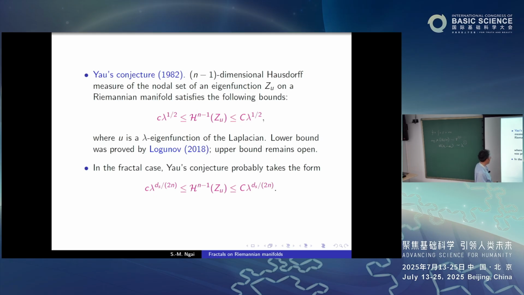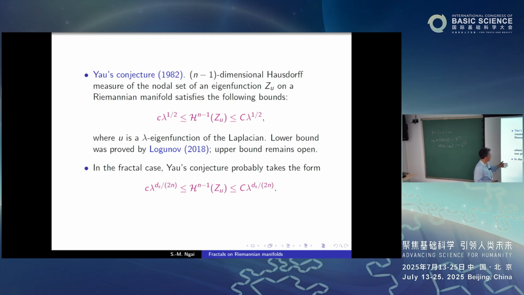And I think for the fractal case, we'll have to adjust Yau's conjecture to this form, where ds is the spectral dimension, with exponent ds over 2n. This is true in one dimension, and it's not hard. It's very easy to see. But I don't have any result for higher dimensions. This is our motivation.